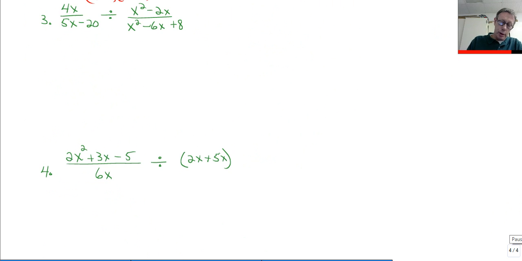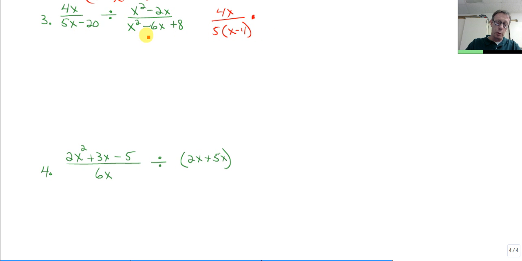Okay, next problem, let's go ahead and factor this. So for the first fraction, we would have 4x, factor of 5 out, we would have x minus 4, and then that would multiply by the reciprocal of the second fraction. So I'm going to go ahead and factor the second fraction and move the denominator up to the top when it's multiplied.